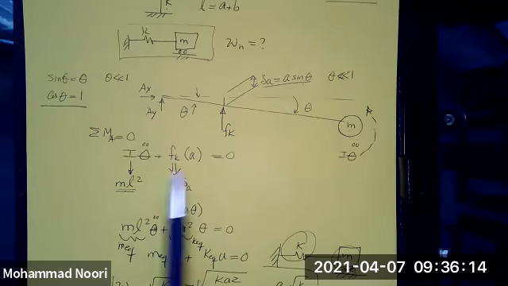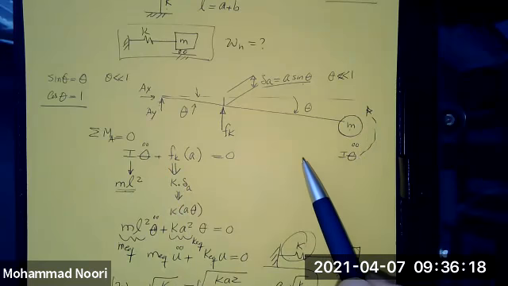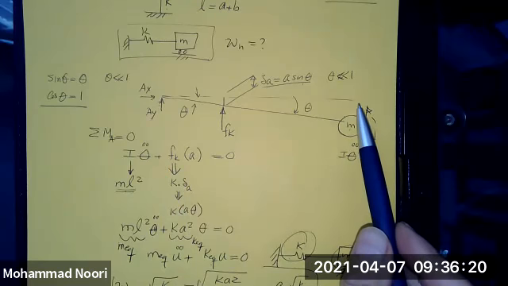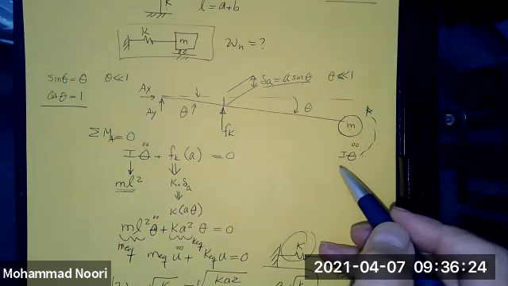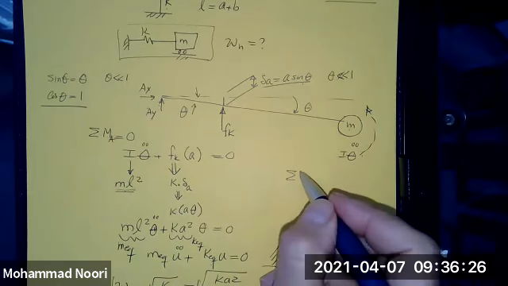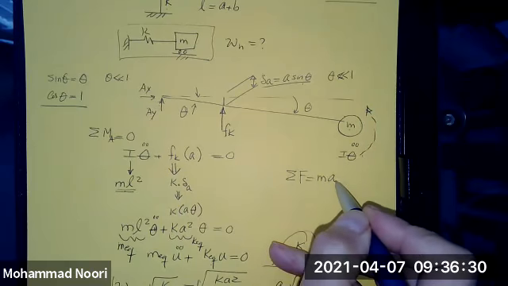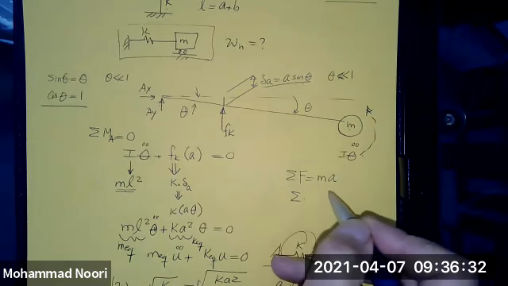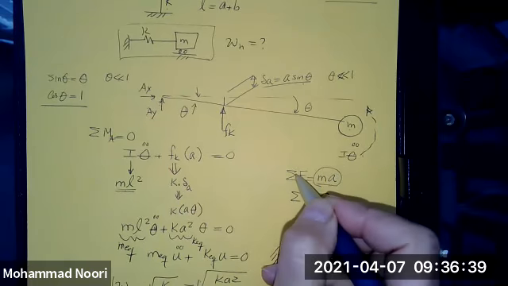I put the inertial force, or rotational inertia, in the opposite direction of motion. And we call that the D'Alembert force. If you do that, instead of having the summation of moments equal to I alpha, the summation of forces becomes equal to zero because you've already taken this to the other side of the equation.